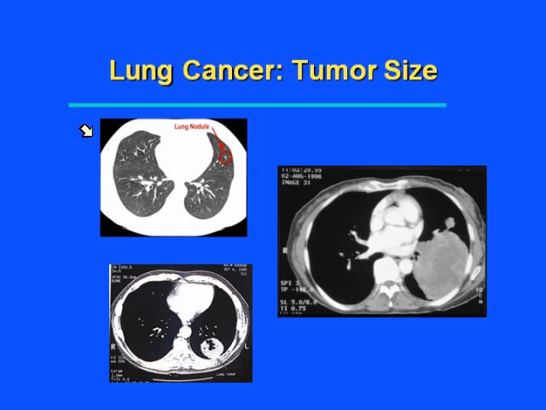So you can imagine that you would not be able to detect any abnormal physical findings in the chest related to this very tiny tumor. Now, if you look at the CT scan below that, on the lower left, this shows a tumor, and we'll put an arrow on it. This shows a tumor in the left lung toward the back of the chest.